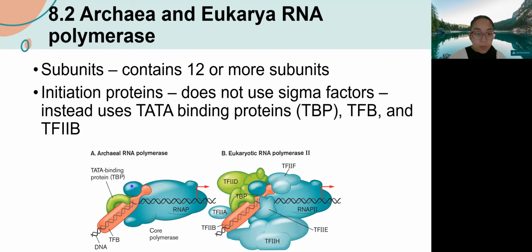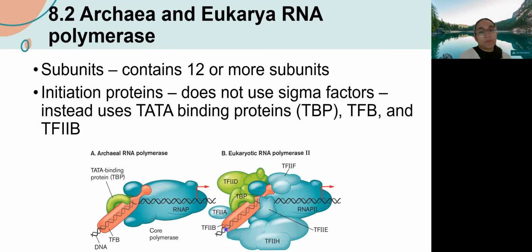That's one of them. This binds to the TATA region on the promoter of a gene, similar to the sigma factor. And then there's also TFB, or TFIIB, which is here, and again, does the same role as a sigma factor in the way that it helps the RNA polymerase find the beginning of the gene.